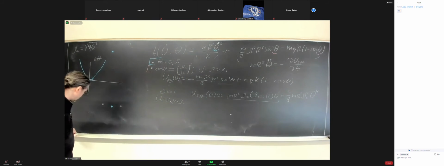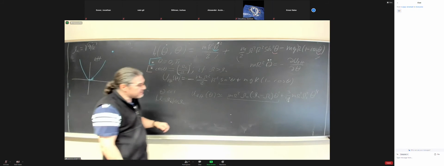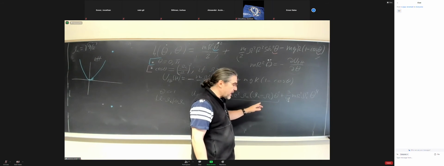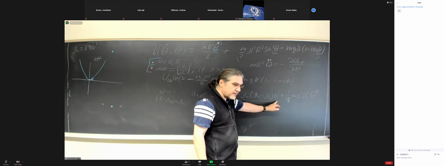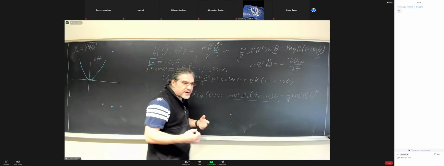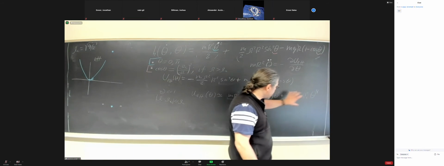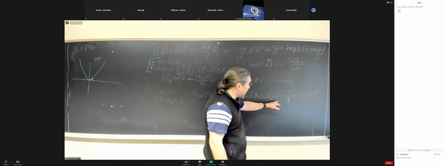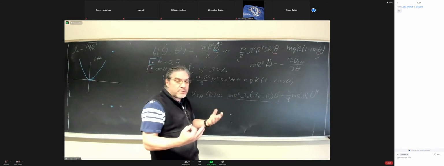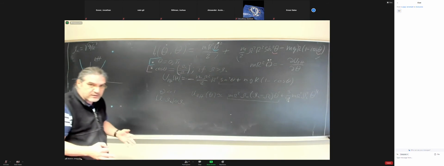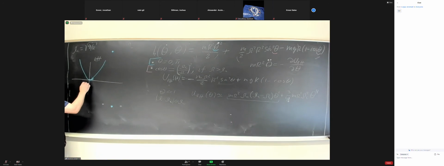Now let's consider a situation when omega is larger than omega critical. Then this is negative. And again, when theta is very, very small, I can neglect this term in comparison to this one. It's still a parabola, but that parabola has a negative coefficient, so its horns go down. So I have this one.